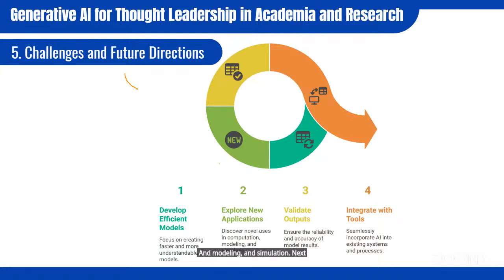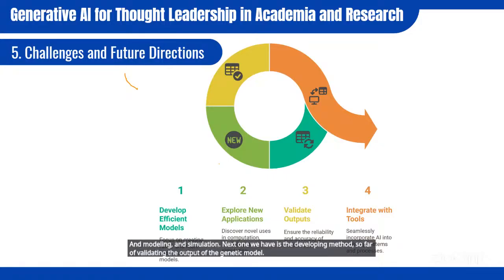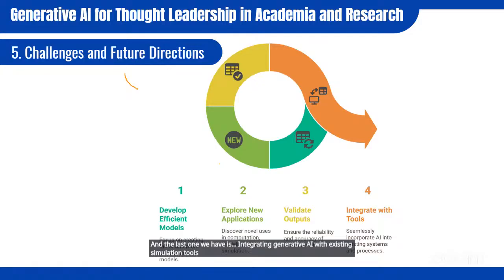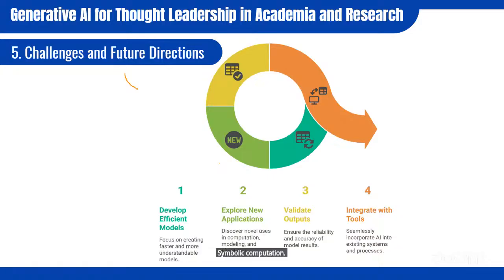Next, developing methods for validating the output of the generative model. And the last one is integrating generative AI with existing simulation tools and workflows. So this is the overview of today's generative AI session, specifically for simulations, symbolic computation, and modeling.